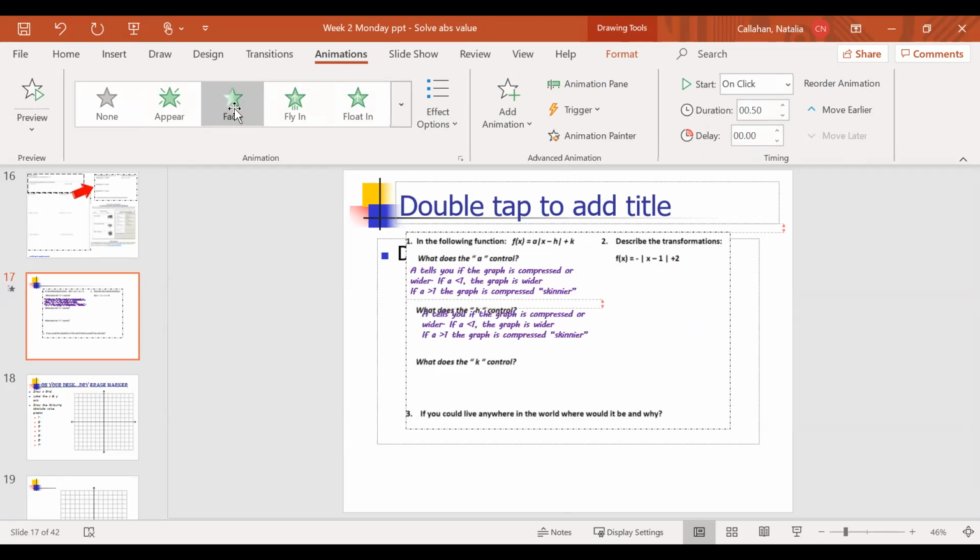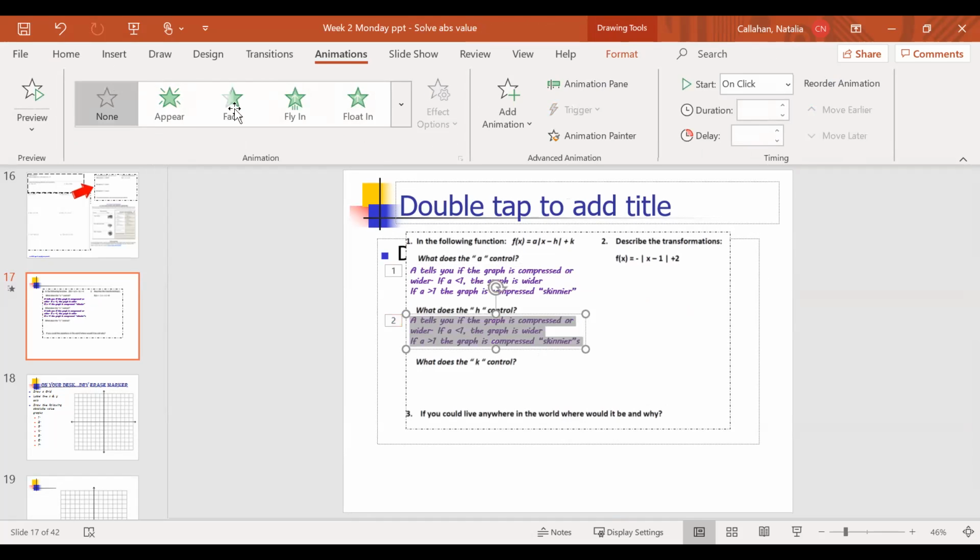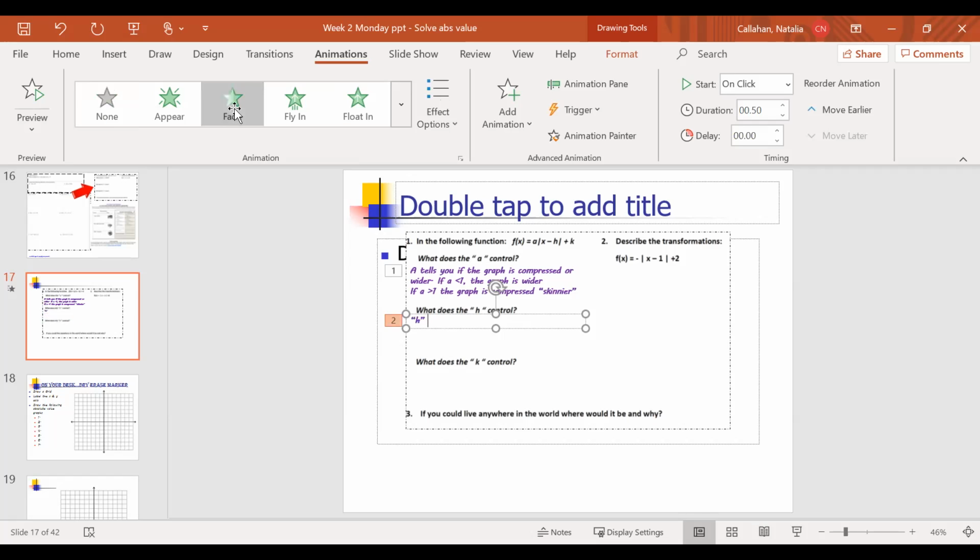Now let's move over here to H. What does H control? Well, H is going to tell you if the graph goes left or right. Actually, I should put it this way.